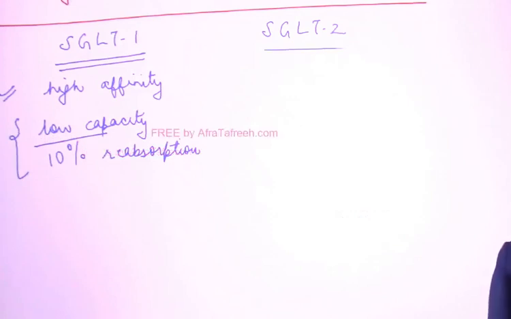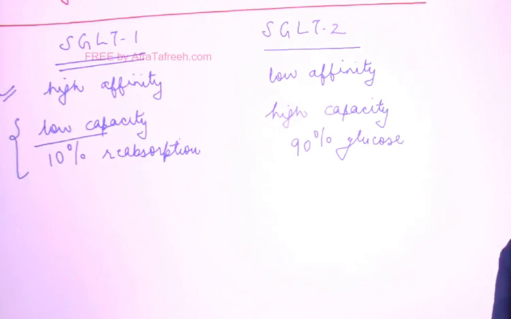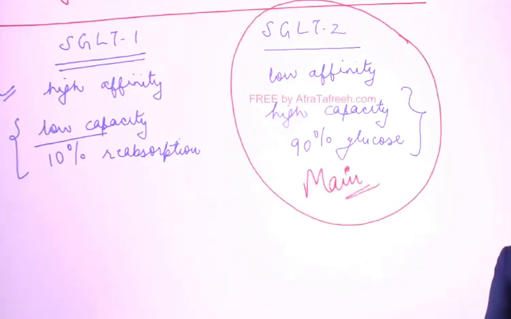And SGLT2 is a low affinity transporter, but it has high capacity. It has high capacity, that is 90% of the glucose is reabsorbed using this SGLT2. Okay, so we can say that SGLT2 is the main active transporter in kidneys, right?